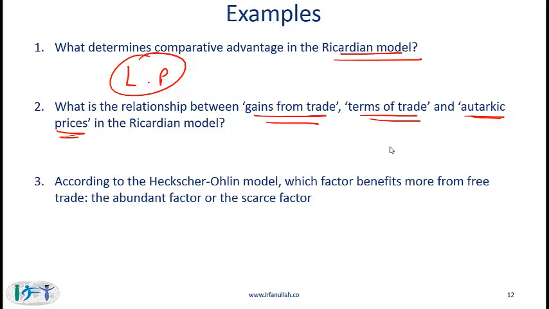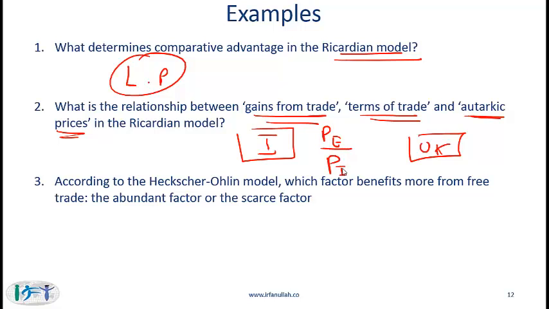In other words, if you have India and the UK, and the terms of trade, which are an indication of price of exports over price of imports, if India can export clothes at prices that are closer to the price of clothes in the UK, which is the autarkic prices of clothes in the UK, then India has more to gain from trade.